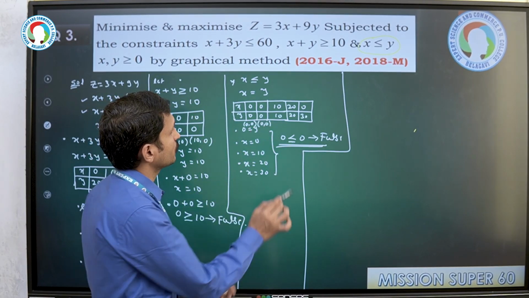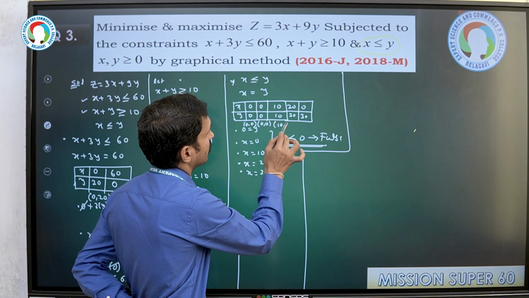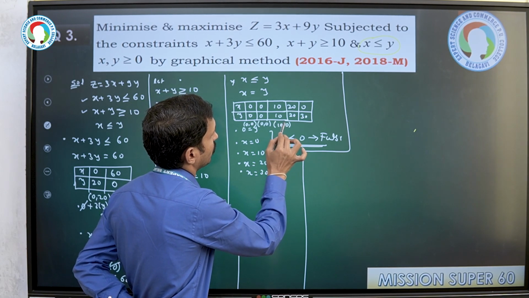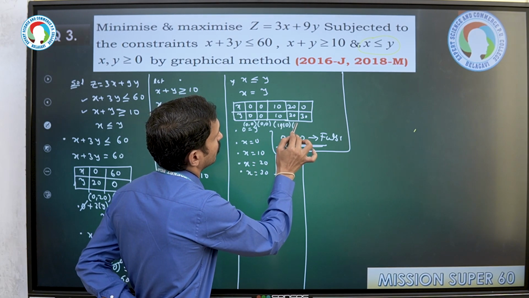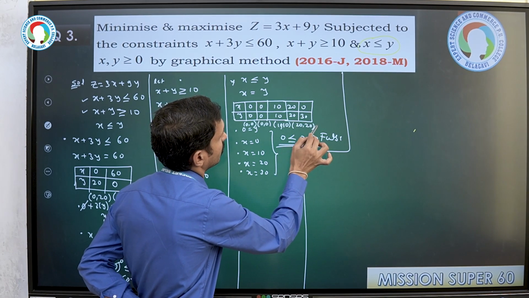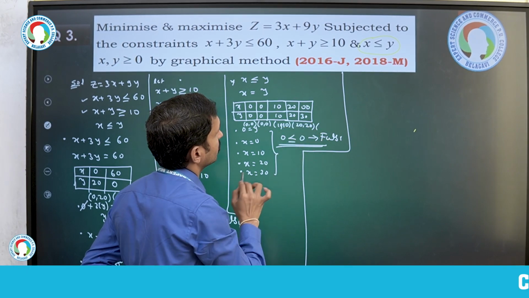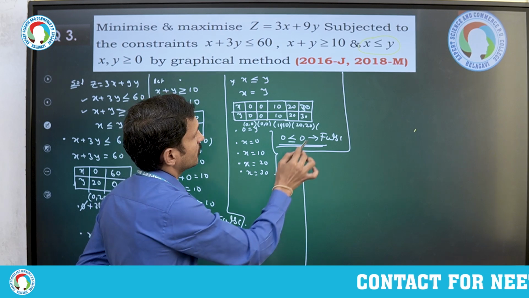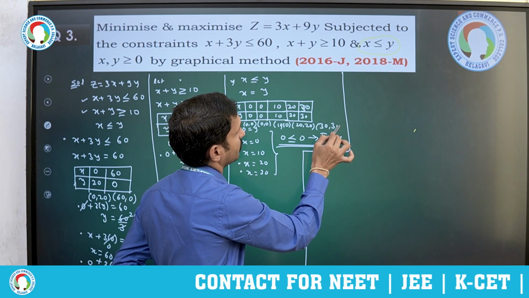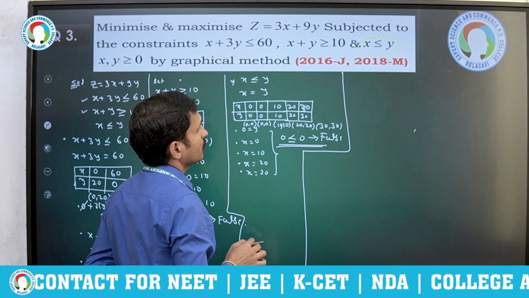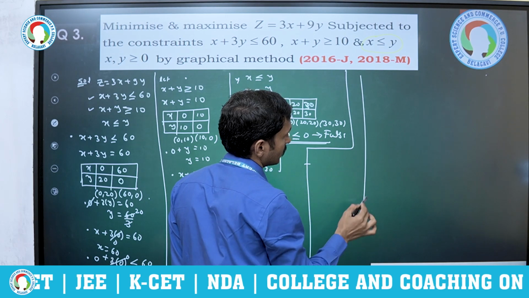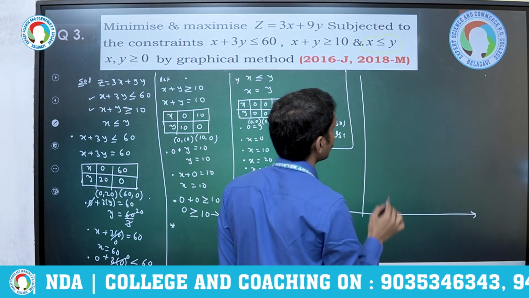So you should write here 10 comma 10, 20 comma 20, and 30 comma 30.